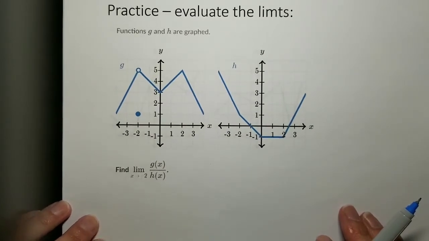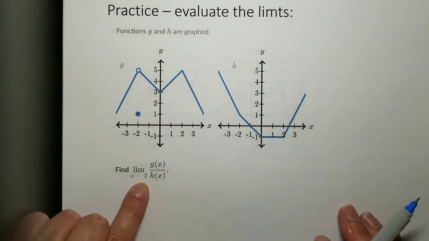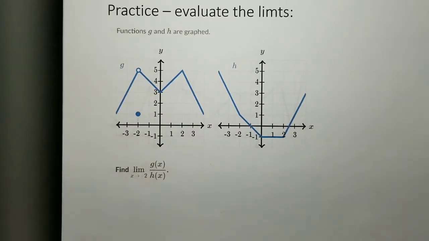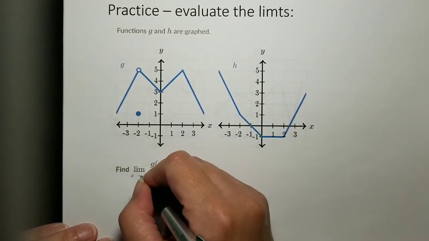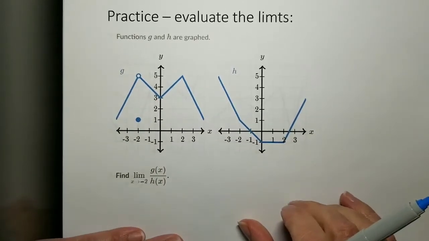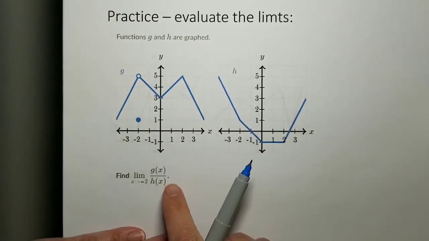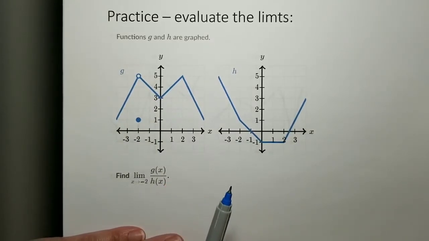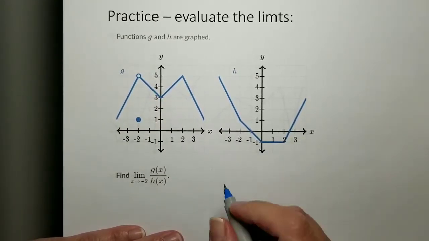So for this one, we have the limit as x approaches -2, again, a really faint negative sign that I'm not sure you will be able to see on the video here, as x approaches -2 of g at x over h at x. So we can try just evaluating what's happening here.